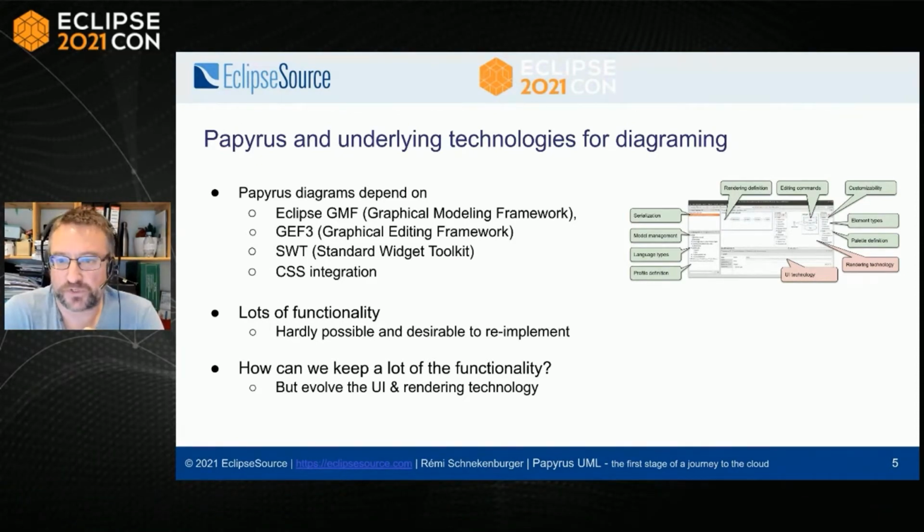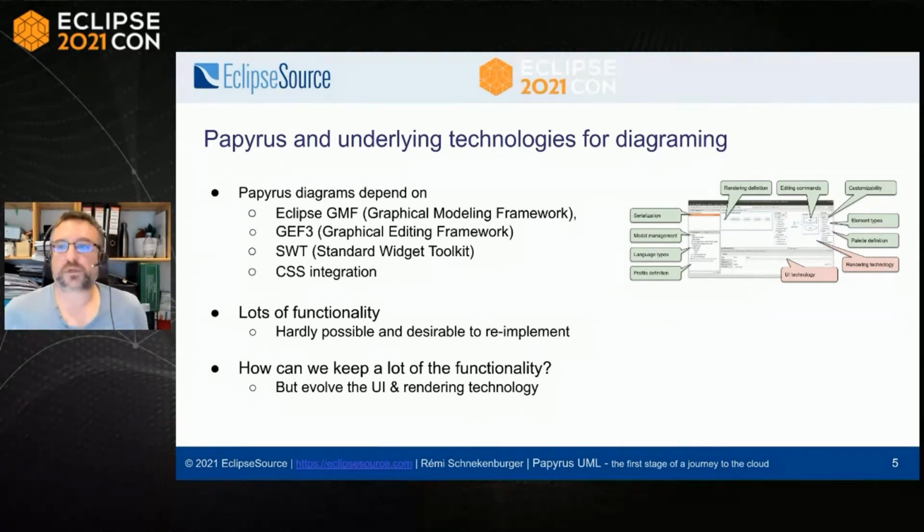As we mentioned already, it contains a lot of functionality, and it's neither possible nor desirable to re-implement all of these functionalities. For example, a lot of the profile management and the customization management at the model editing level, we don't want to re-implement them from scratch because there was a lot of effort pushed into these functionalities.